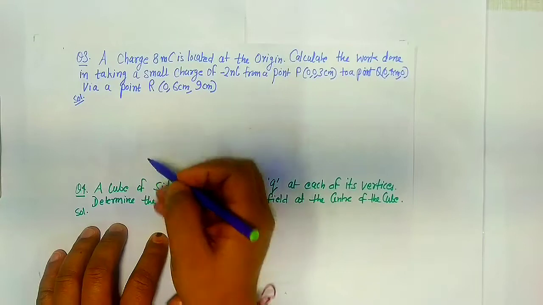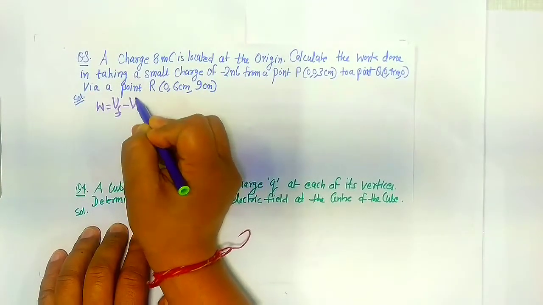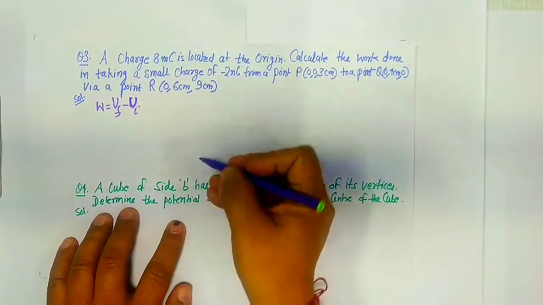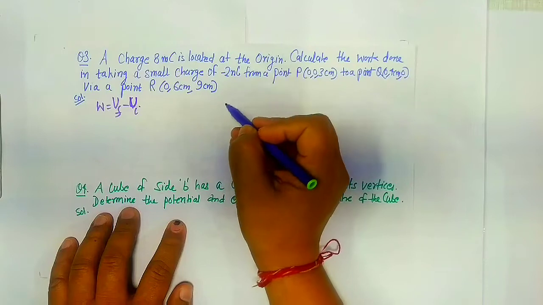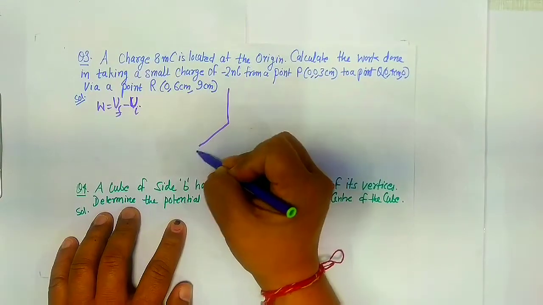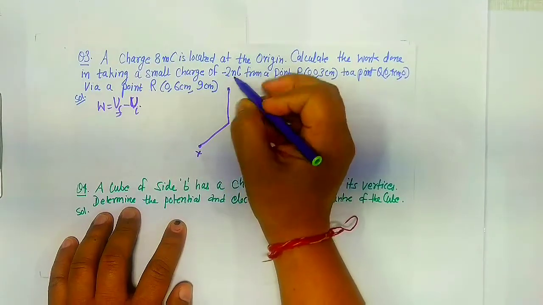Now we know that work done is final potential energy minus initial potential energy. And if you want to draw the diagram, we can even draw it, though we know that it depends on the final and the initial distance.